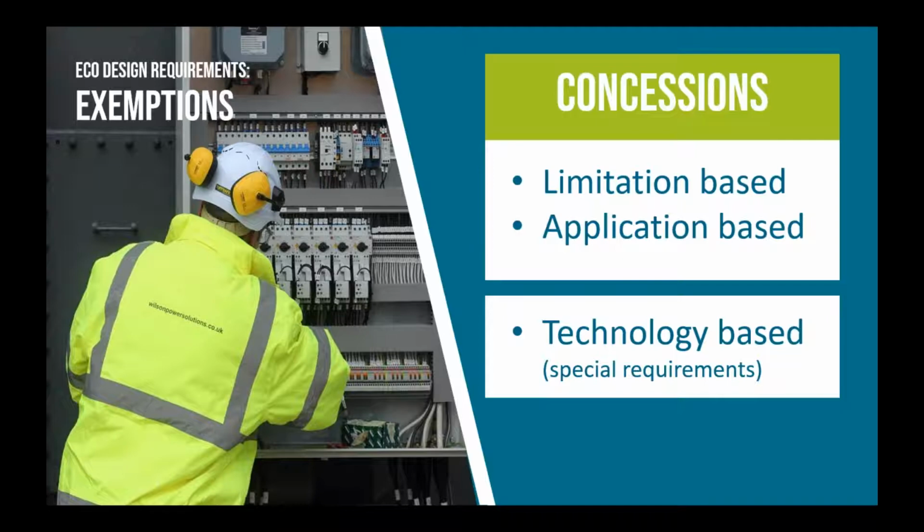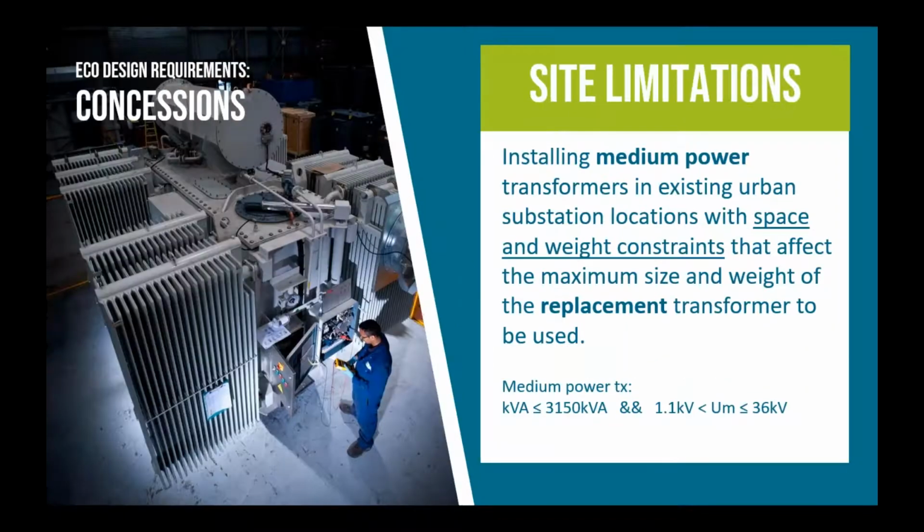To start with the concessions, case number 1: situations where medium power transformers, or what we call distribution transformers, are being installed in existing urban substation locations with space and weight constraints that affect the maximum size and weight of the replacement transformer.